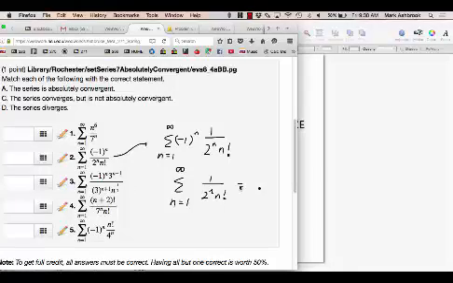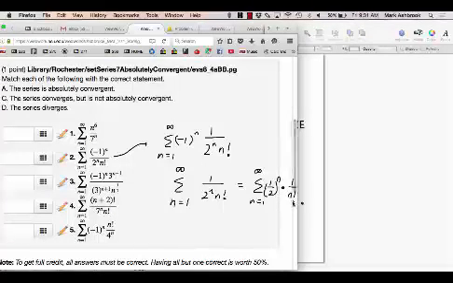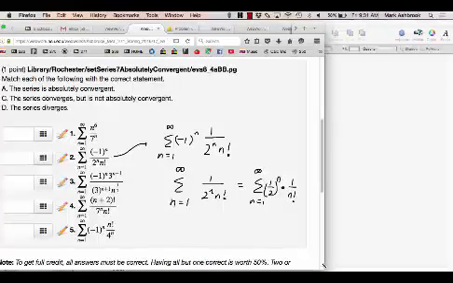What's that? 1/2 to the n, right? You need to recognize that, folks. 1/2 to the n. What kind of series? Geometric, convergent or divergent? Convergent, r is less than 1.